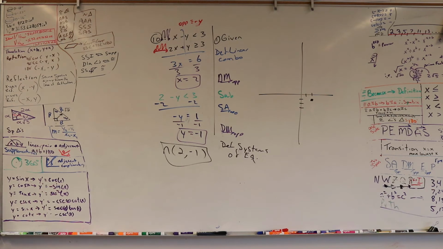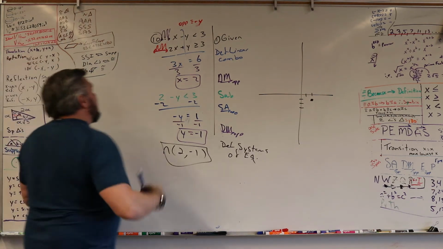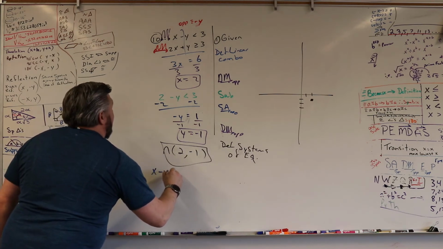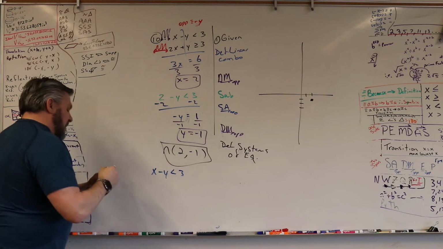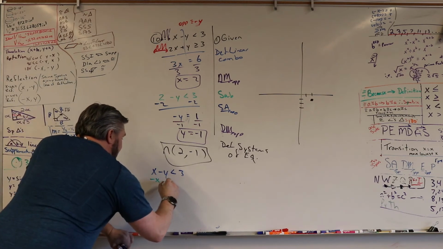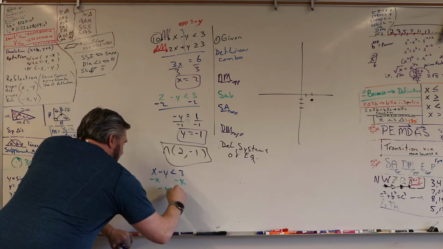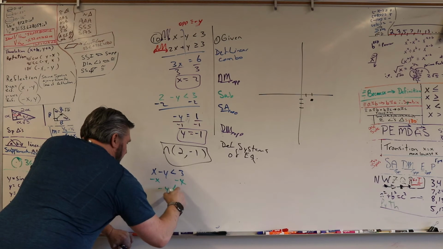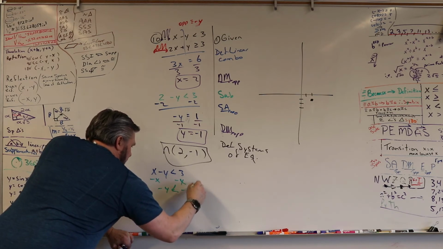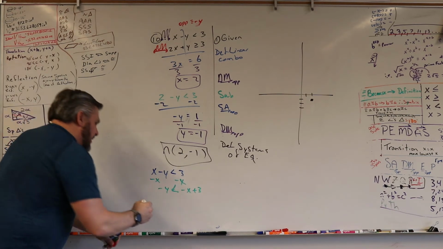Alright, so let's start to graph this before we run out of time. So we got X minus Y is less than 3. What I'm going to do is just move the X over, minus X, minus X. I get minus Y is less than negative X plus 3. And then I change all the signs.